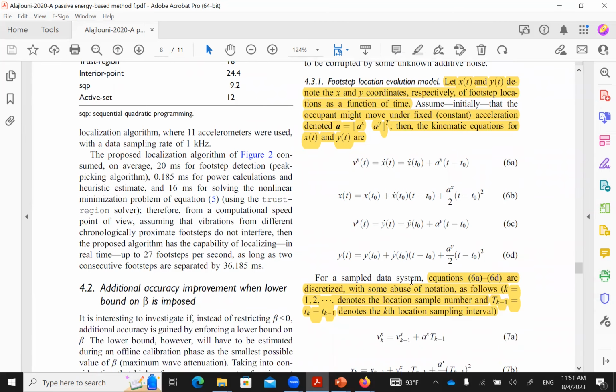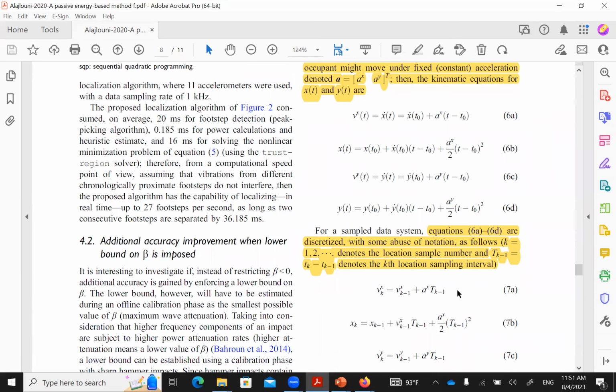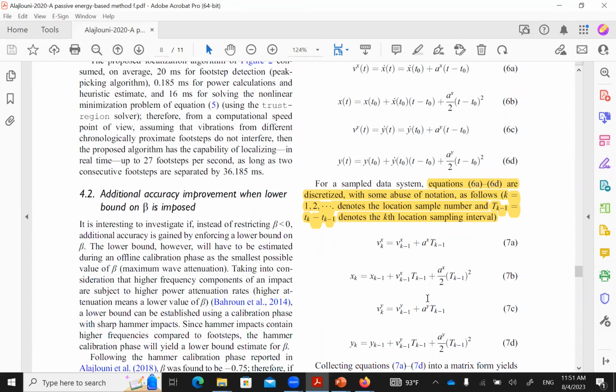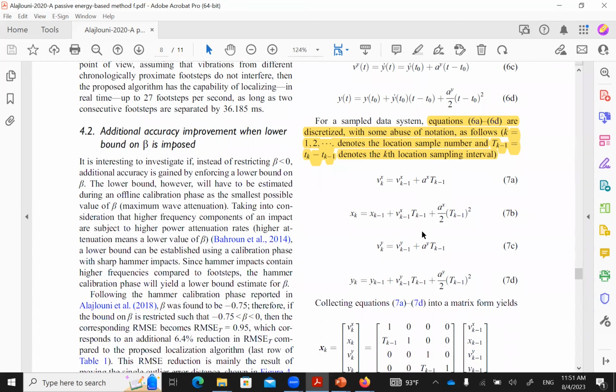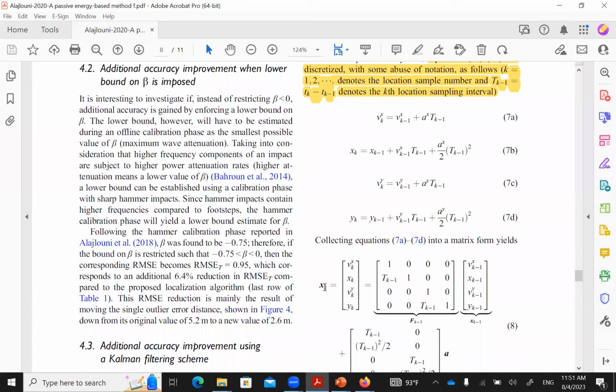For a sampled data system, we can discretize these equations like this. So now this is the discretized version of these equations. Let's collect these equations in matrix form. I'm going to call my state vector, and I'm going to include in it position and velocity.